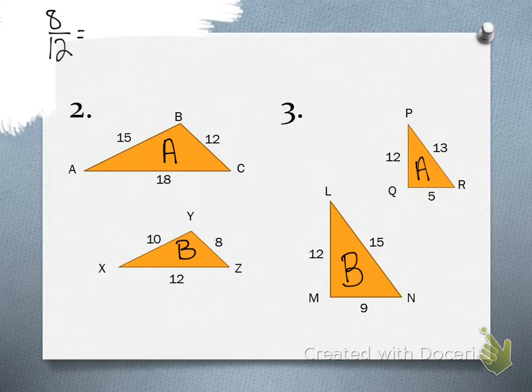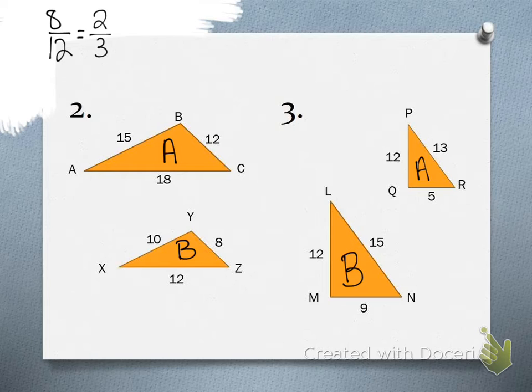Okay, that simplifies to be 2/3. I think you got it flipped. I went ahead and started with B. If you started with triangle A, for right now, that's fine. So if you had 3/2 instead, that's okay. For right now, I'm just doing it this way so I don't have to flip it later.